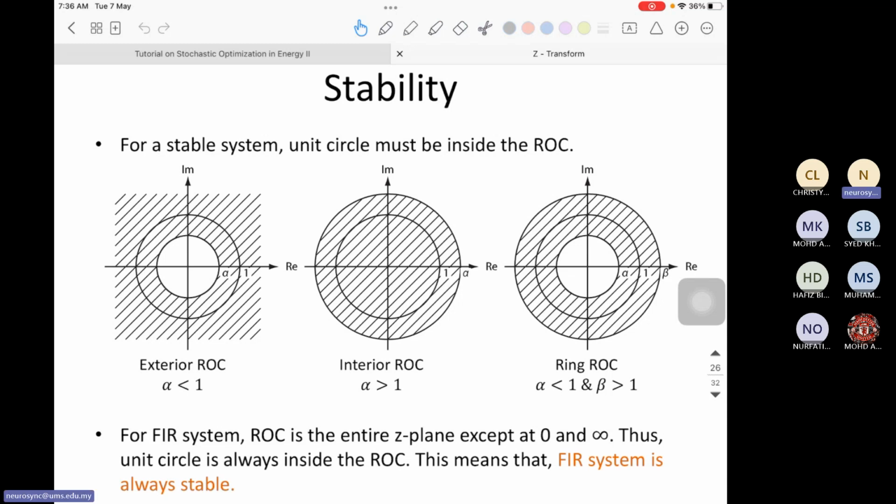Now in the first case, which is the right-sided ROC, that is exterior ROC also you can say, you can see if this alpha, that is the inside circle, is less than 1, then the unit circle will be included in the ROC. So we can say that this system is stable.